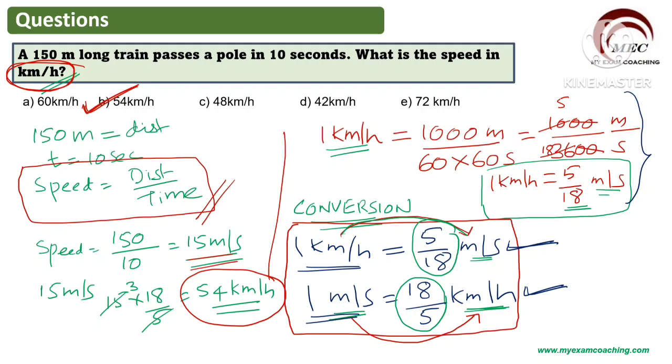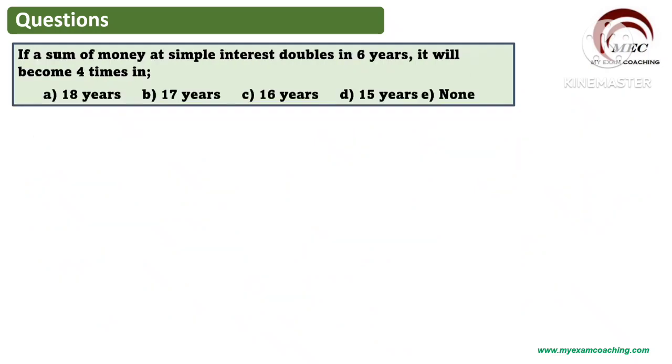So let us go to the next question. Again, it is a simple interest question. If a sum of money at simple interest doubles in 6 years, again 100 rupees will become 200 rupees in 6 years, then when will it become 4 times?